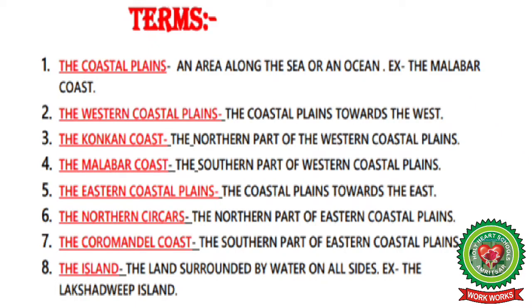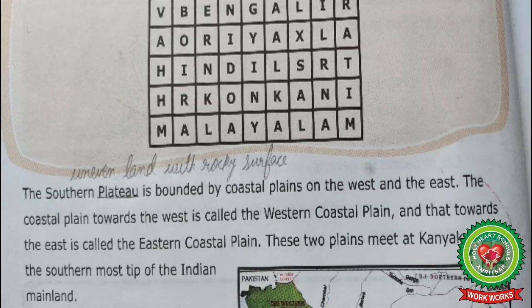Fifth, the eastern coastal plains, the coastal plains towards the east. Sixth, the northern Sircars, the northern part of the eastern coastal plains. Seventh, the Coromandel coast, the southern part of the eastern coastal plains. Eighth, the island, the land surrounded by water on all sides, example Lakshadweep Island.